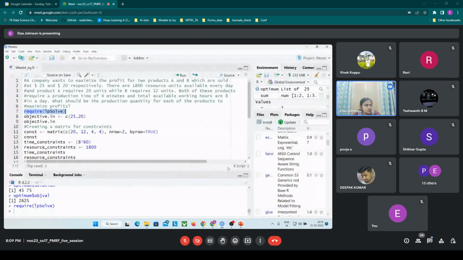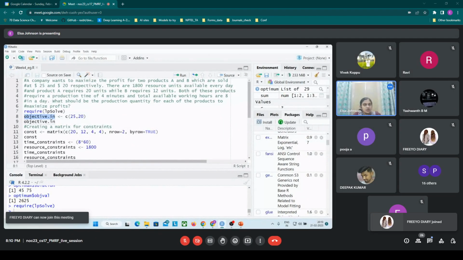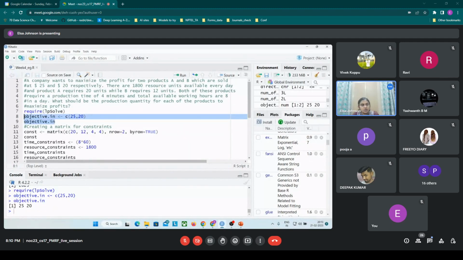Now you have to store this in a variable. objective.in is equal to c(25, 20), you're storing it as an array. If I print this one, you will get objective.in as 25 and 20.